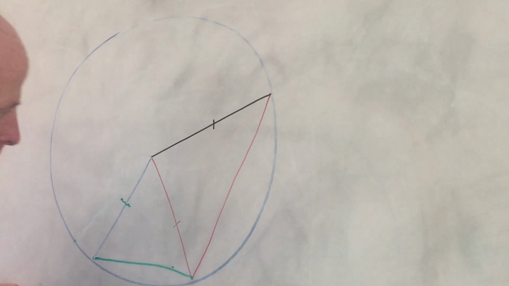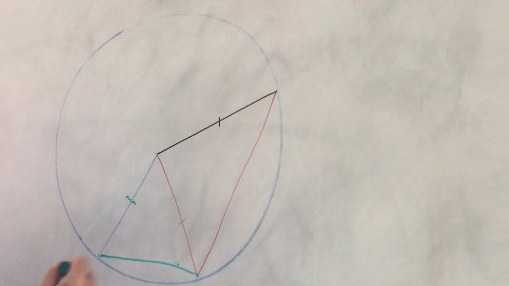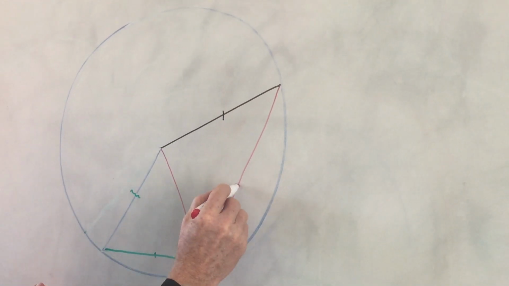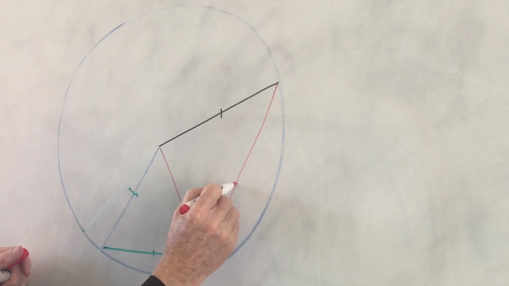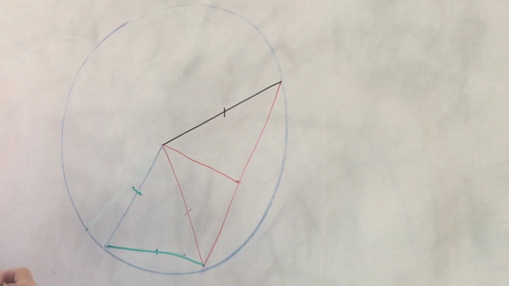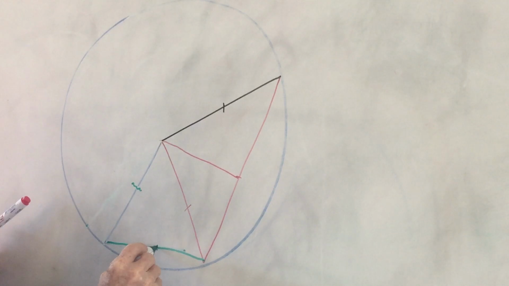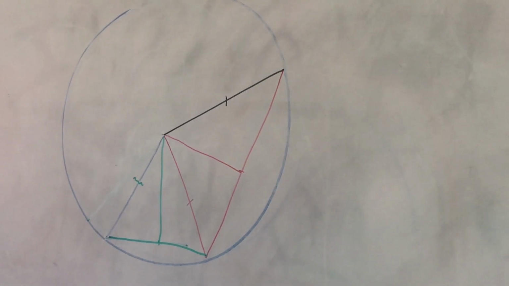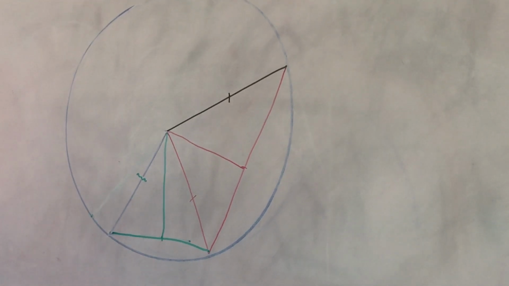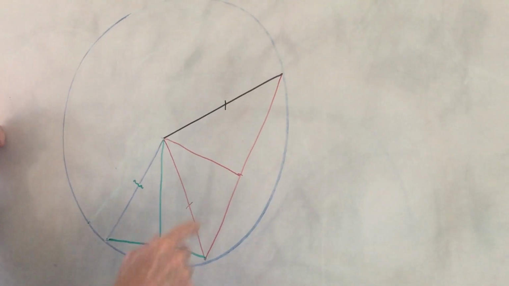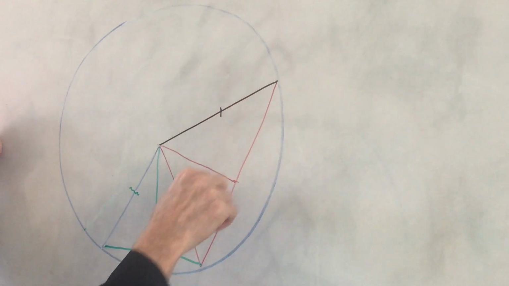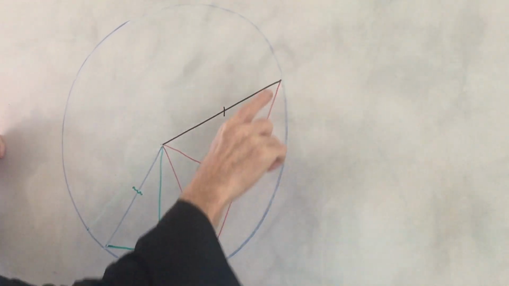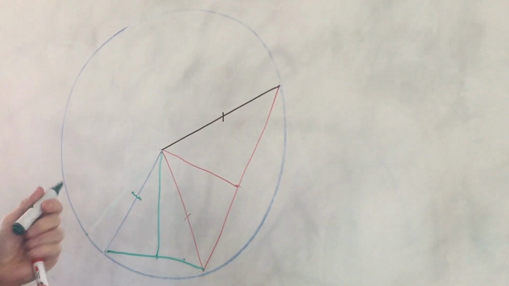Good. Okay, so let's bisect both of these. Bisect this one and bisect this one. And let's connect that point of bisection with that original point, and connect this point of bisection with the original point, okay? So here you have this triangle and this triangle, this being bisected, so this is equal to this.